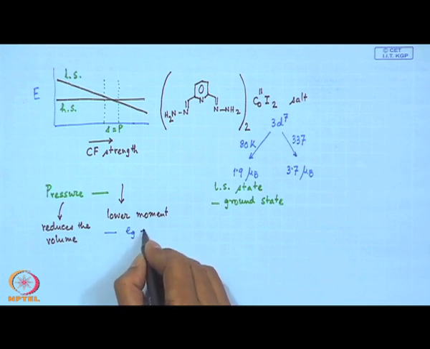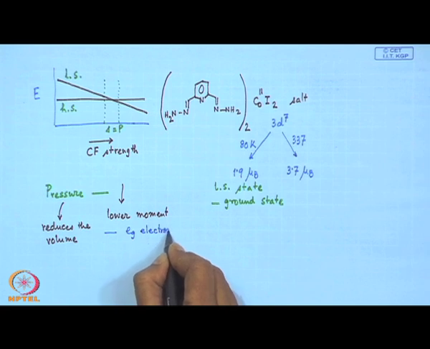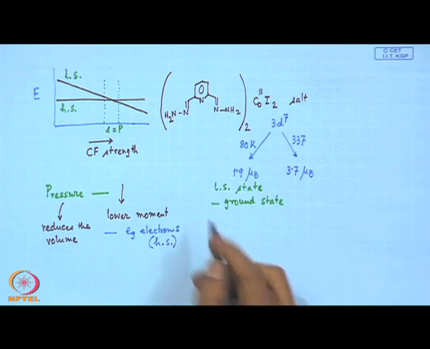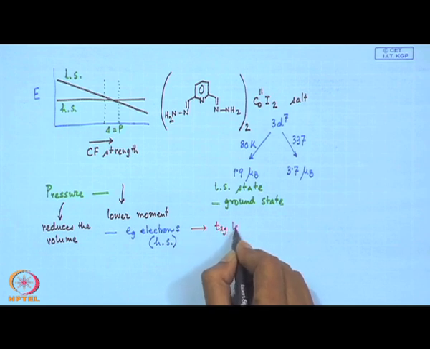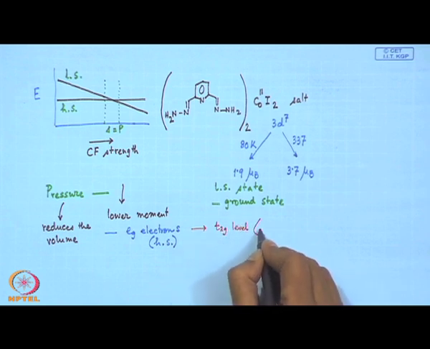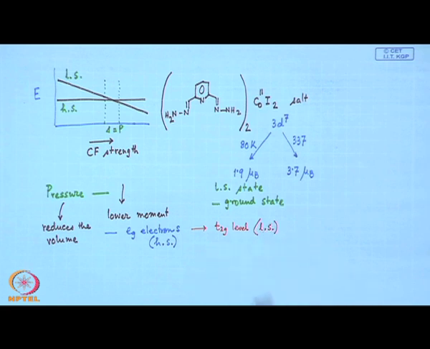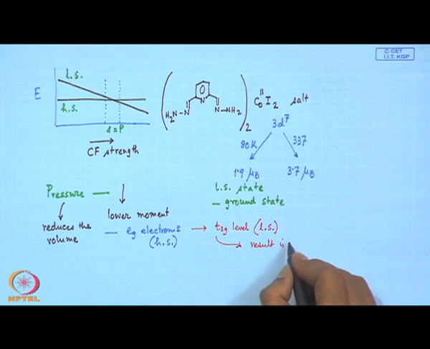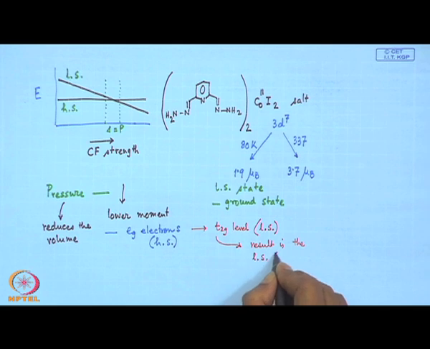can move. The Eg electrons which are present for the high spin configuration can move to the T2g level, which is responsible for the low spin configuration, and the result is the low spin form.